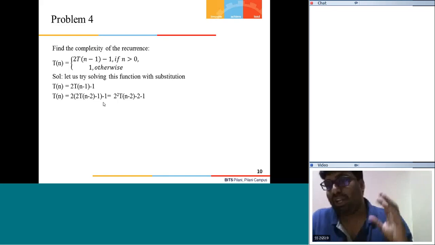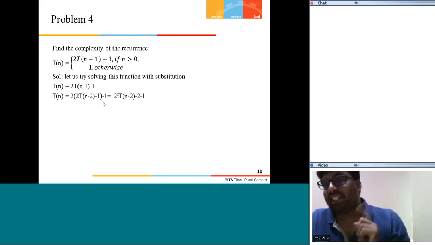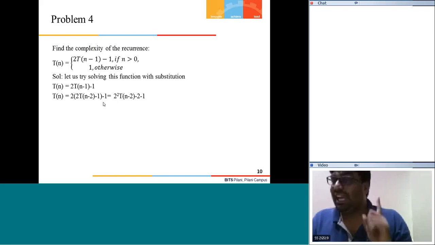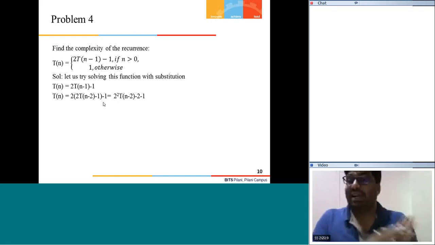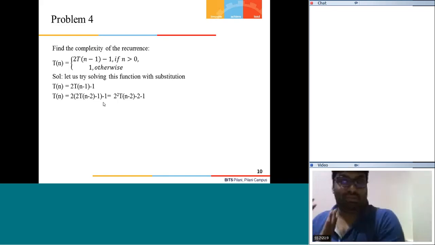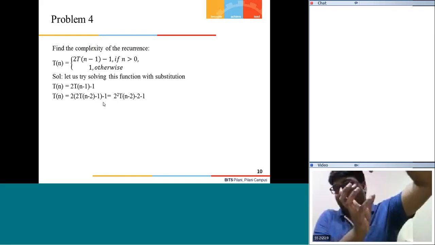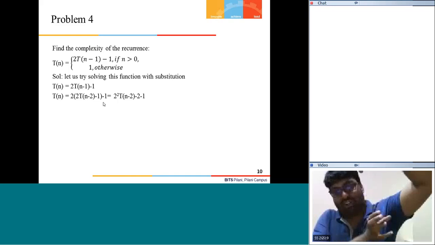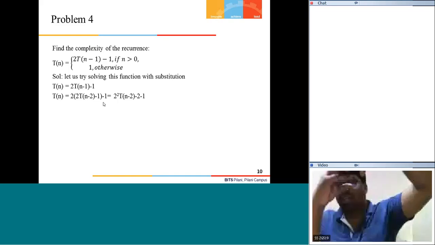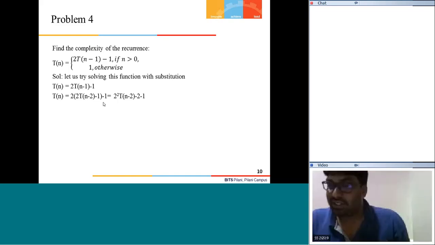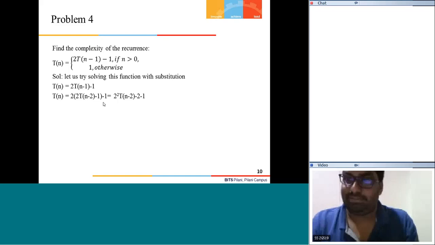If at the first step you have given input here, if the iteration is happening for the second time, on the left side you will have n by 2, on the right side you will have n by 2. Yes or no? Would you agree with this? You are dividing: the root node is n, the left tree will be n by 2, the right tree will be n by 2. Do you agree with this? Okay, one second, I'll mark that.